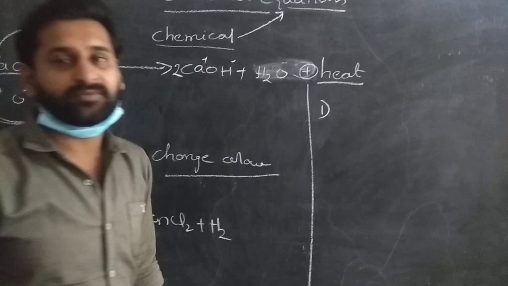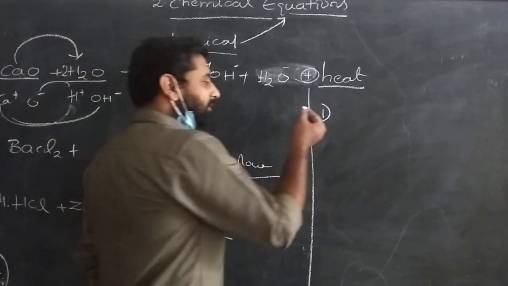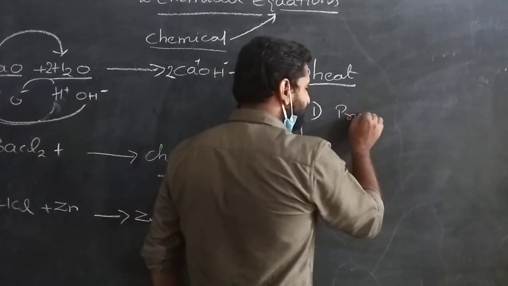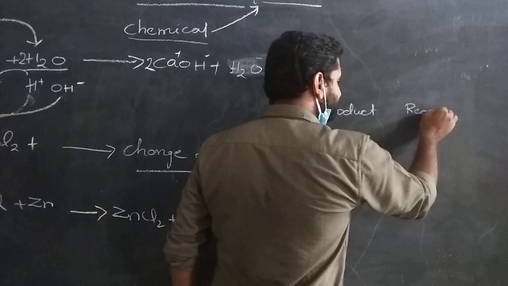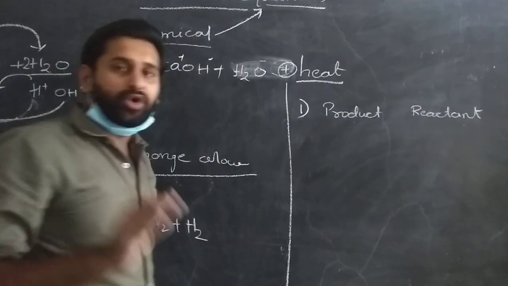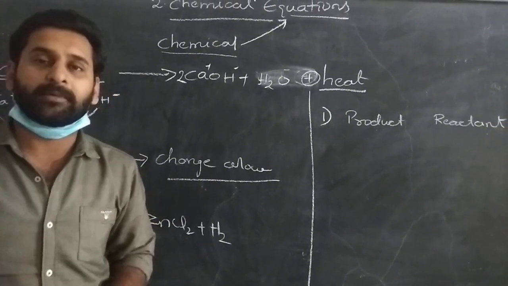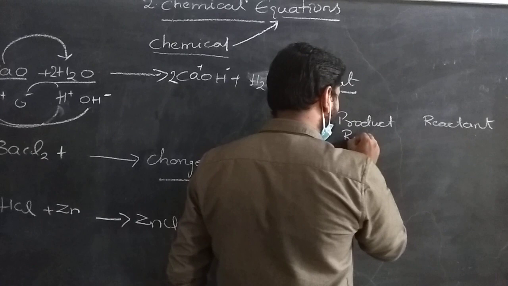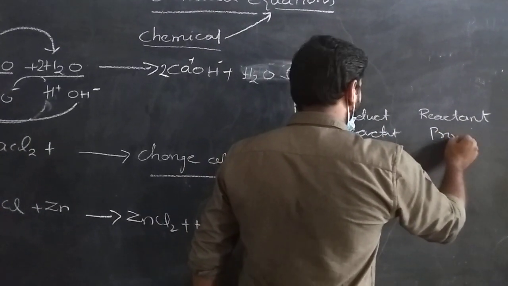The first point we need to look out for is that we have the product side and the reactant side. So the product and reactant sides both should be the same. You can call them reactant and product, and you can take it at any point, reactant or product.